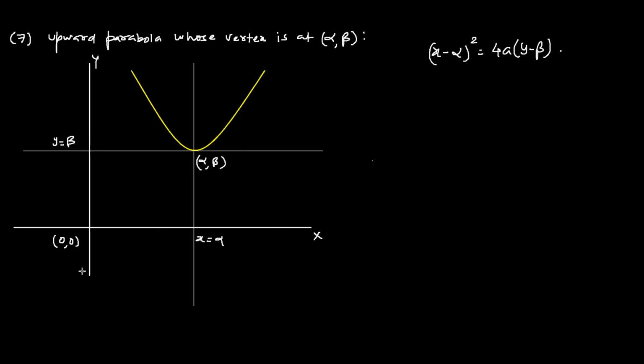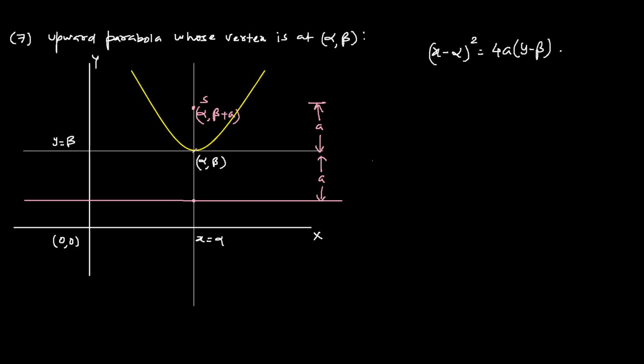Now the focus S, this point is the focus, and we know that the distance of focus from the vertex is a. So the coordinate of focus is alpha comma beta plus a, and here we have the directrix, and the distance of directrix from the vertex is also a.